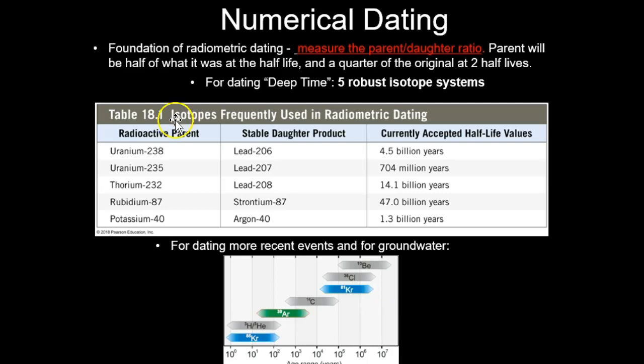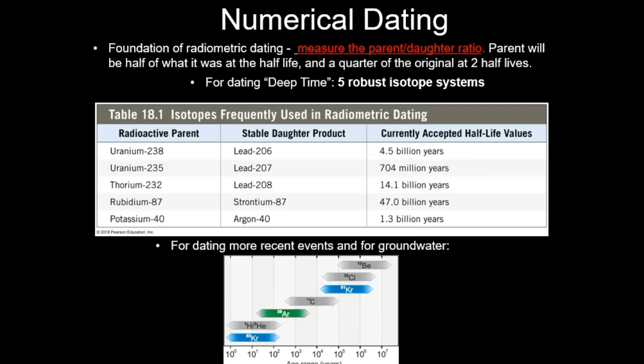The first one right here is uranium-238, which I already gave you an example of. And here the uranium-238 is going to decay to the daughter isotope lead-206. You also have uranium-235, which decays to lead-207 at a much faster rate, as you're seeing here.